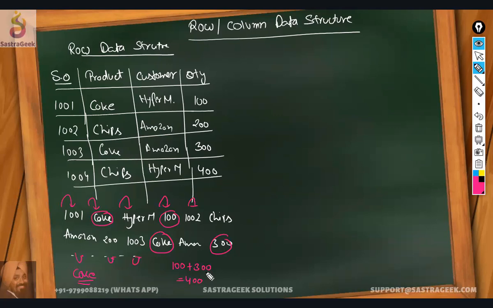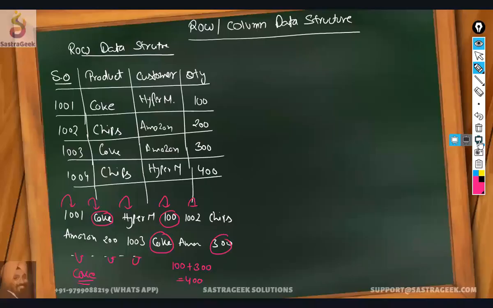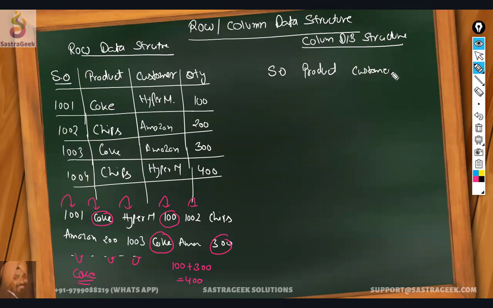Now I will show you how the data is stored in our column database structure. I'm taking the same example: sales order, product, customer, quantity.